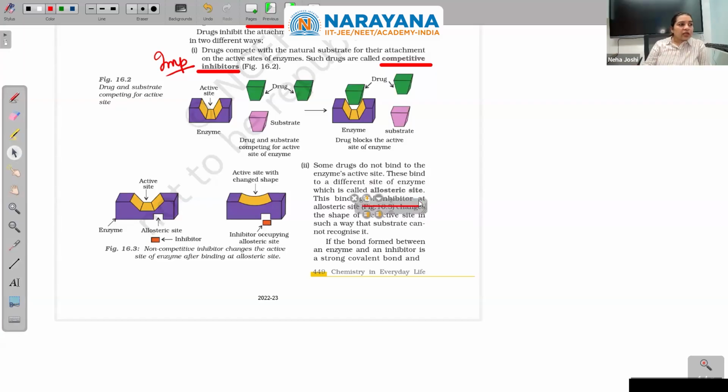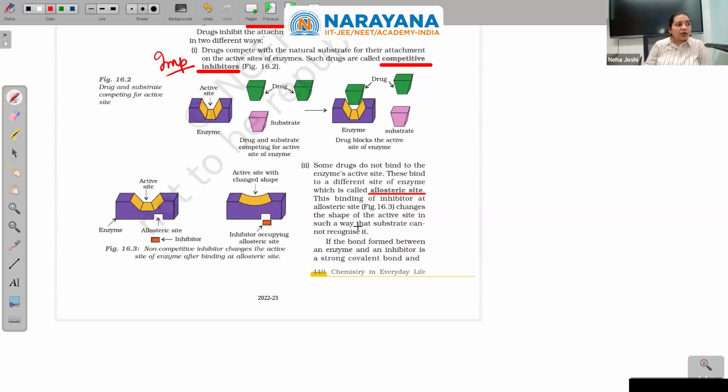Now this allosteric site is not connecting to the active site but somewhere else. This binding of the inhibitor at the allosteric site changes the shape of the active site in such a way that the substrate cannot recognize it. See, the substrate had a memory or an understanding that this is how the place will be and I have to enter.